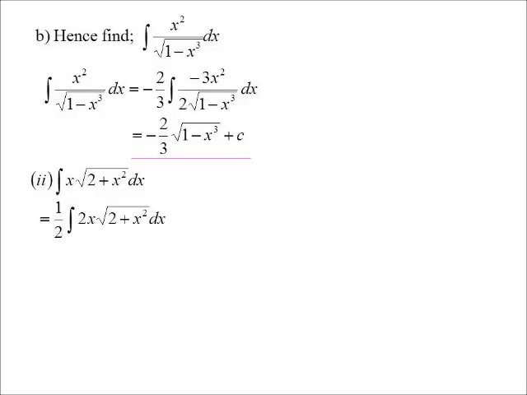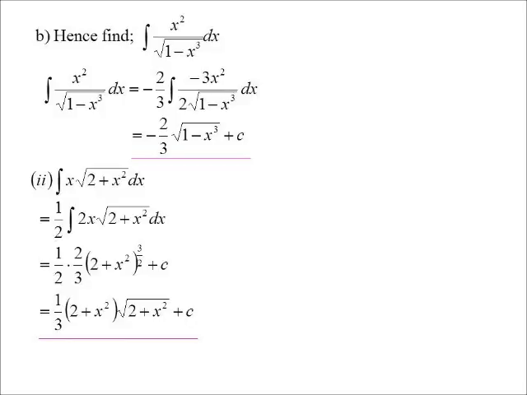The integral is now in the form derivative times the function to some power, that power being a half. So now I can simply add 1 to the power, over the power. The 2s cancel, and writing it in super mathematician form, of course, a mere mortal might leave it as power of 3 on 2, but not us: 2 plus x squared, times the square root of 2 plus x squared.